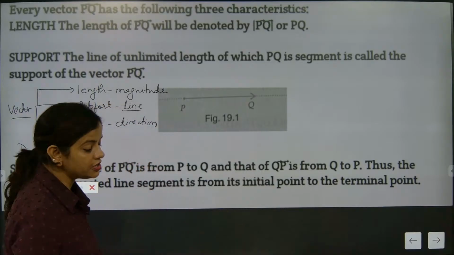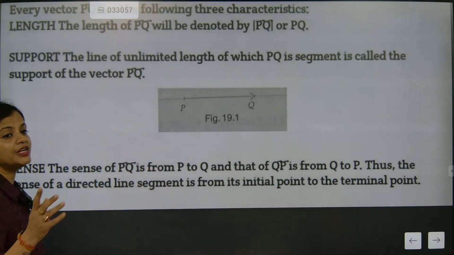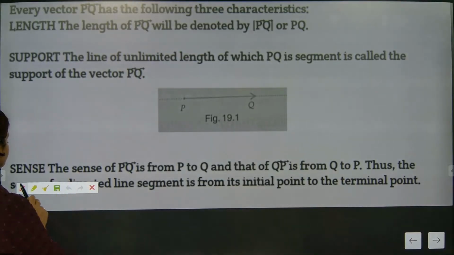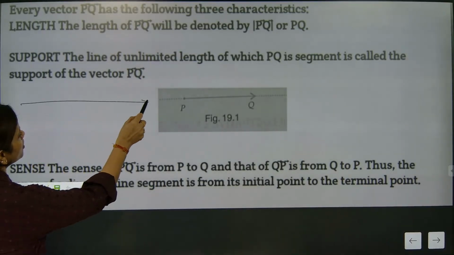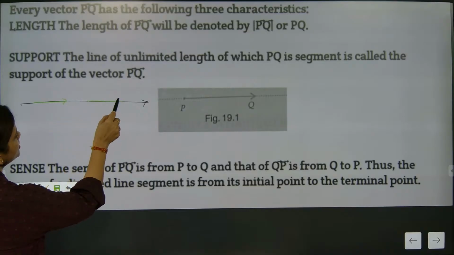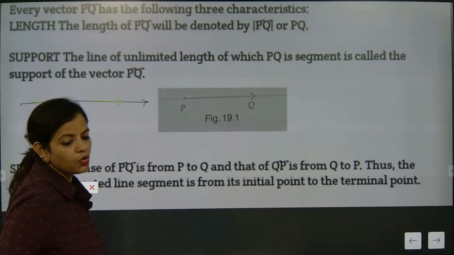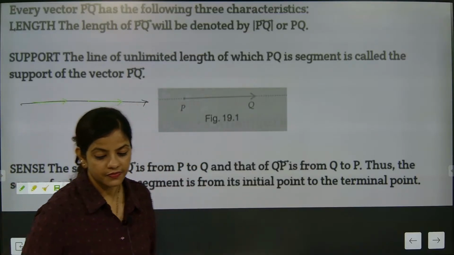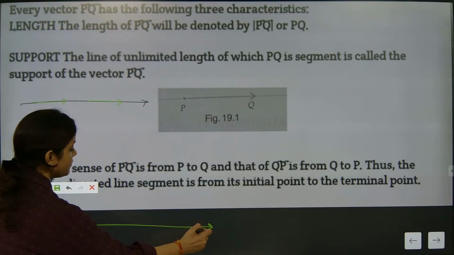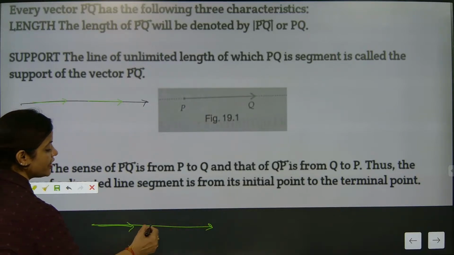The next important section: if on a line I draw two vectors, are they collinear or are they parallel?